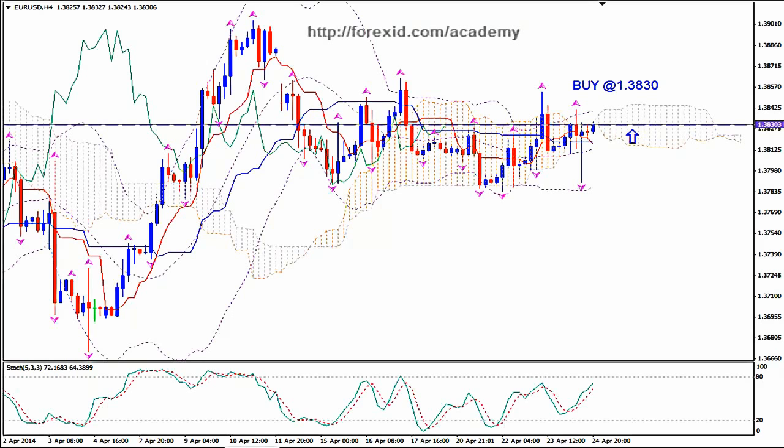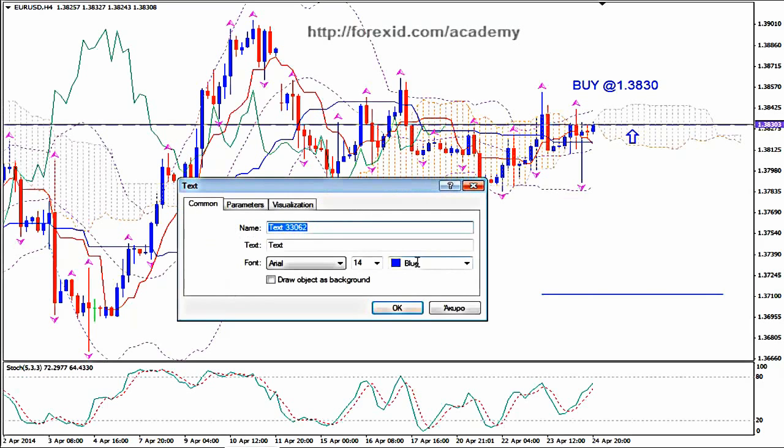Placing our stop loss 150 pips below our entry. And that is 1.3680.